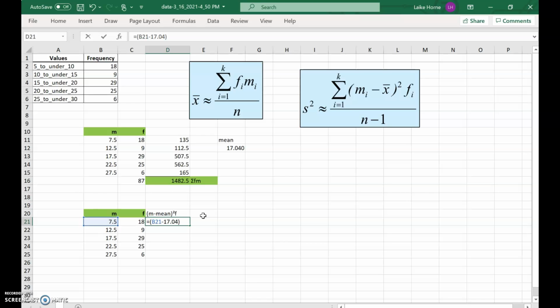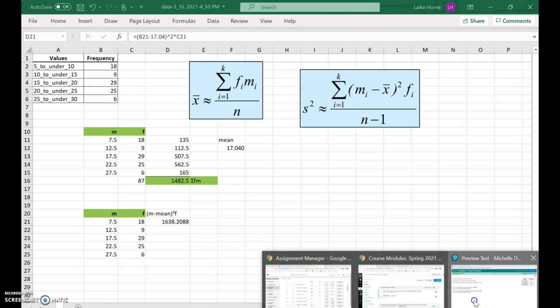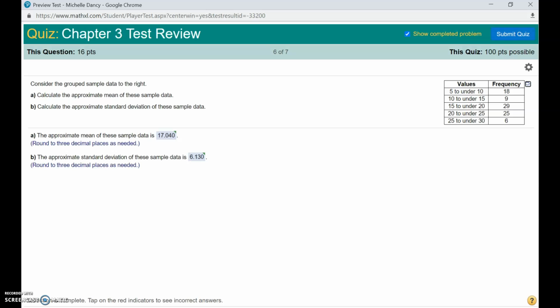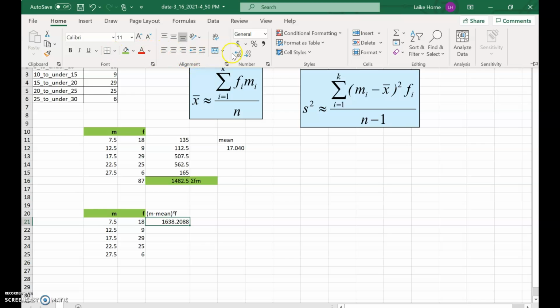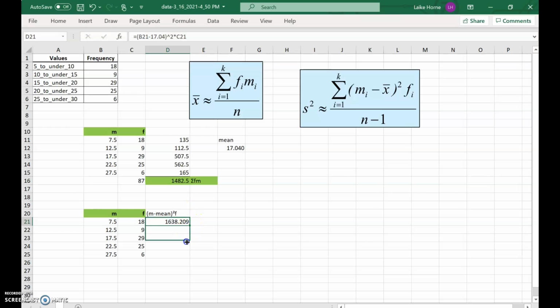And then I'm going to square that, and then multiply it by the frequency and get my number. And I believe we're rounding to 4. No, we're rounding to 3. All right, and I'm just going to copy that formula down.